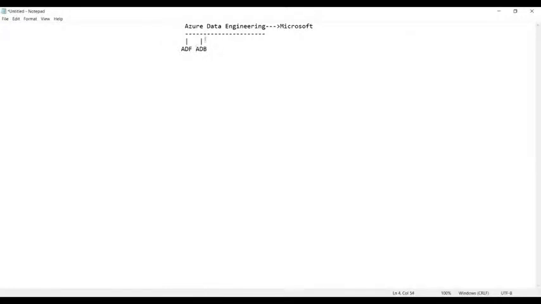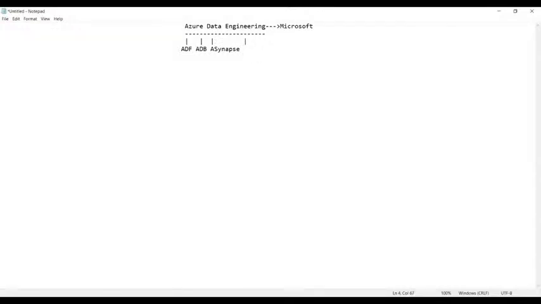Apart from Azure Databricks, we also have the service called Azure Synapse. I'll explain one after the other, don't worry. Apart from this, we have many more services; I will tell you some of the highlighted ones.